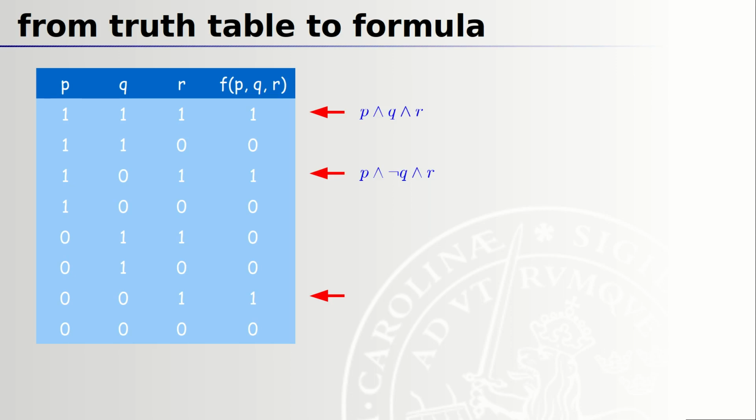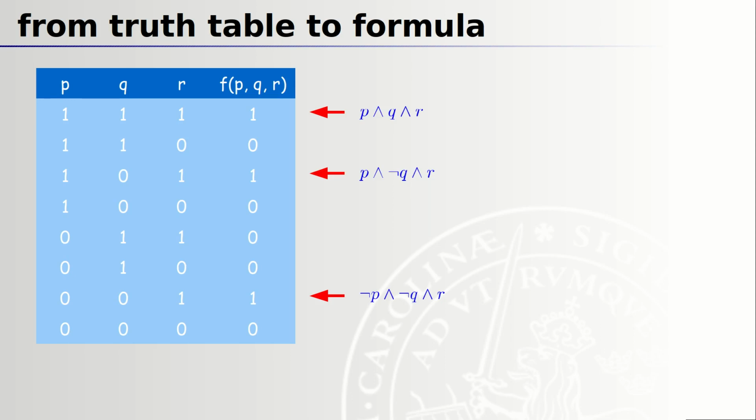Consequently, the expression that is true in this row only is P and not Q and R. Finally, in the last row where the original expression was true, P and Q are 0 and R is 1. So the row expression in this case is not P and not Q and R.